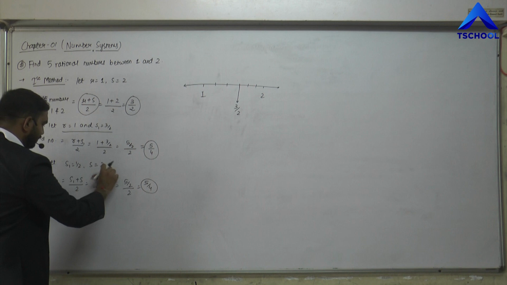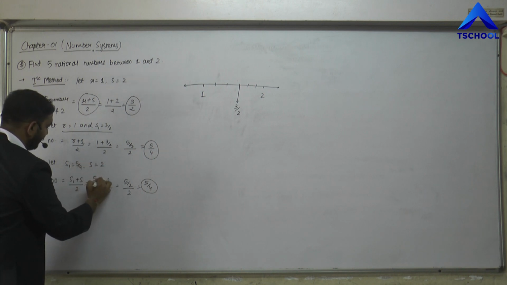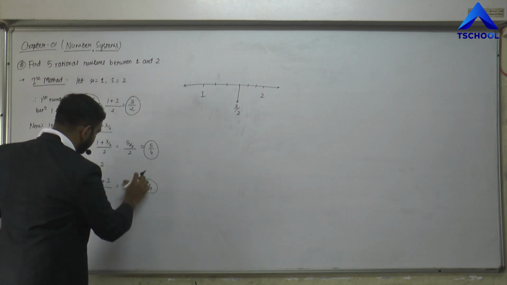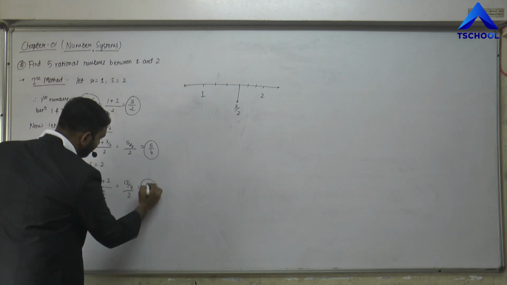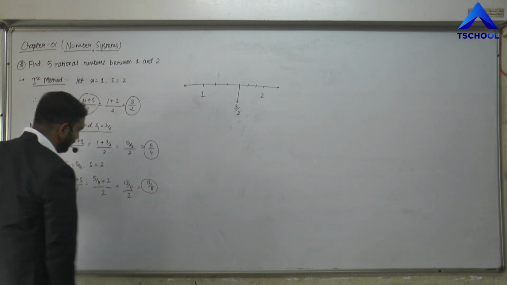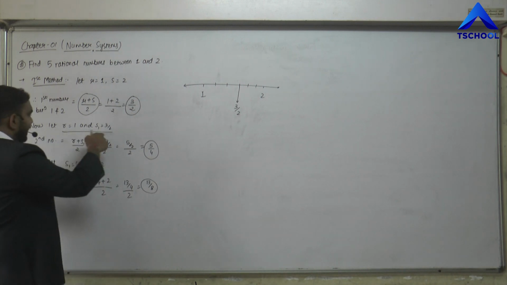Then we got here 5 by 4, so that will be 5 by 4 and 2. 4 into 2 is 8 plus 5, that is 13 by 4 upon 2, and that gives me 13 by 8, right? So friends, I got a number between 1 and 3 by 2.